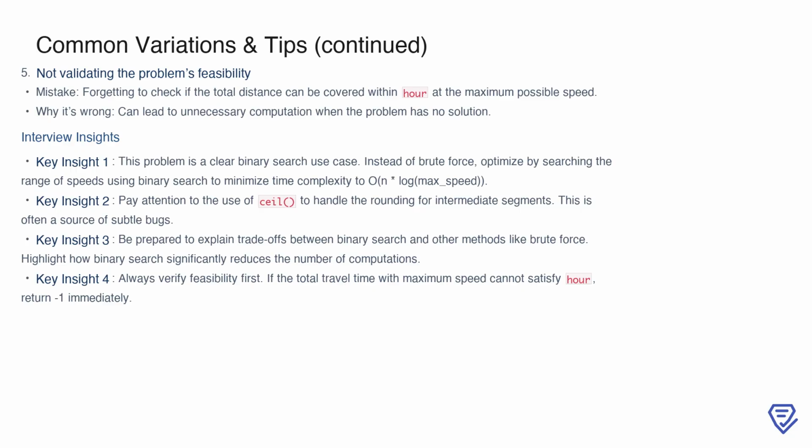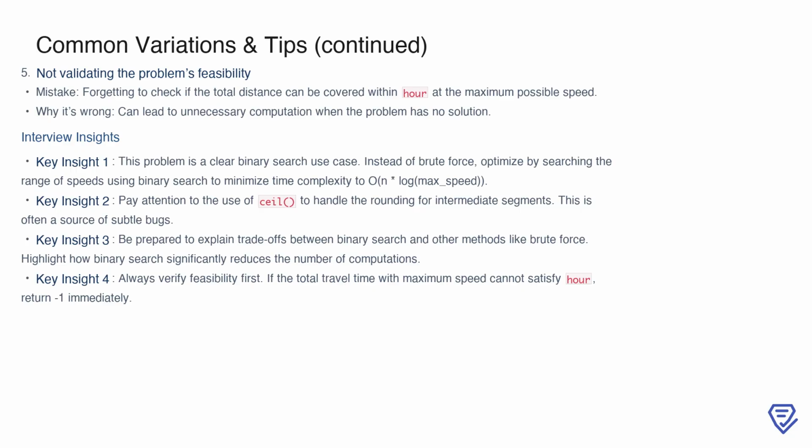From an interview perspective, there are several key insights to keep in mind. First, this problem is a textbook example of applying binary search. Instead of brute force, you can optimize the solution by searching through the speed range using binary search, which significantly reduces the time complexity to O(n * log(max_speed)). Additionally, handling intermediate segments with ceil is a common source of subtle bugs, so be sure to implement this logic carefully.